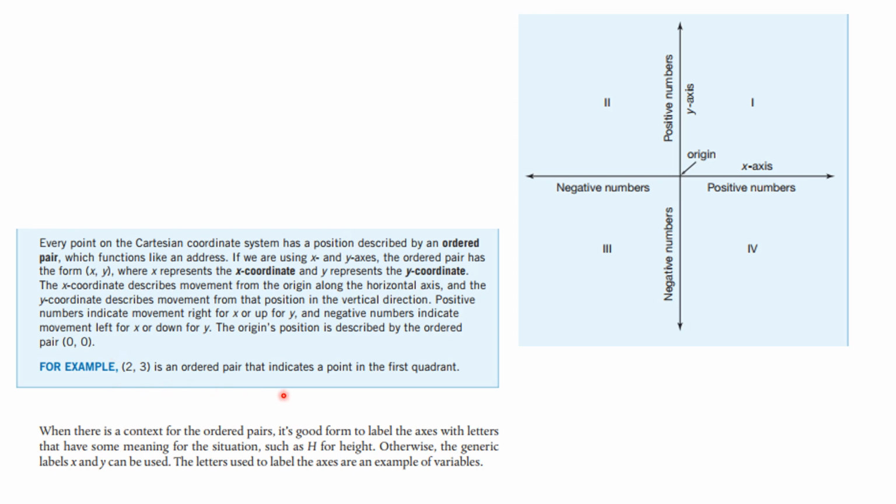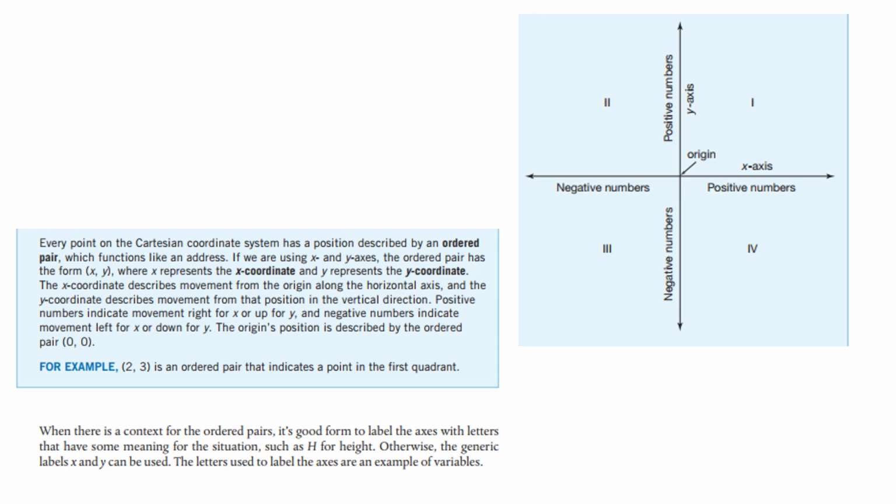So for example, (2, 3) is an ordered pair that indicates a point in the first quadrant, up here. When there is a context for the ordered pair, it's a good idea to label the axes with letters that have some meaning for the situation, sometimes like H for height, but otherwise X and Y are used generically.